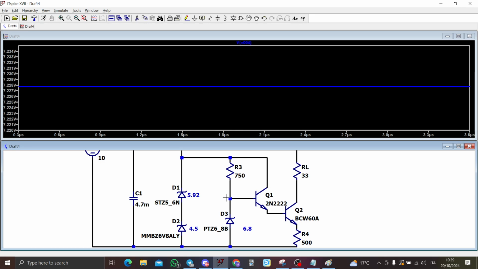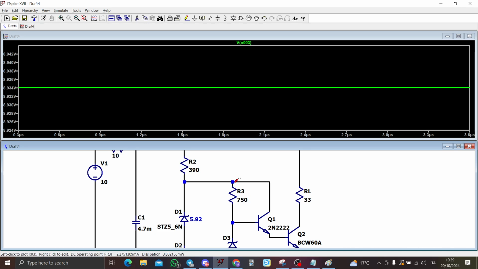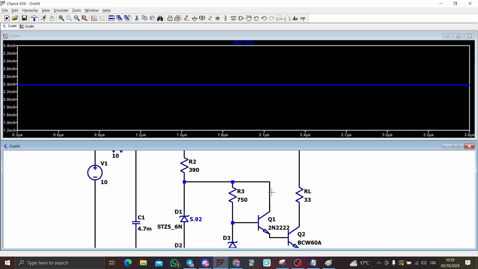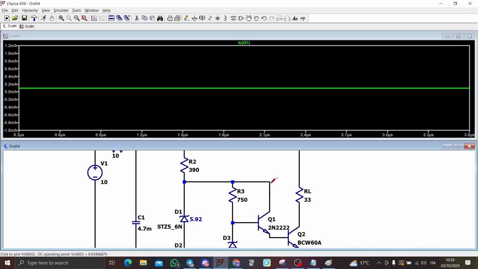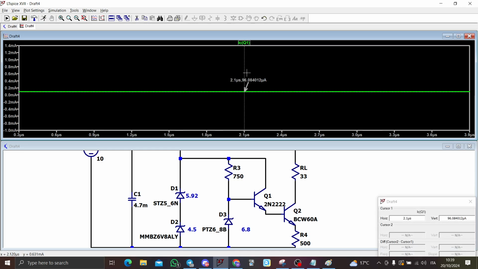Here we have less than that because we are giving just a few currents here. Why? Because this current is directly going into the base of this transistor here. So I would expect a few microamps, like the 96 microamps.